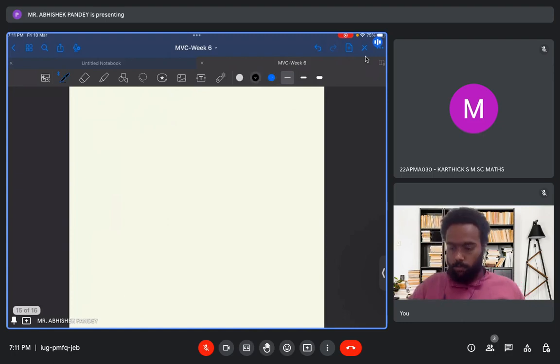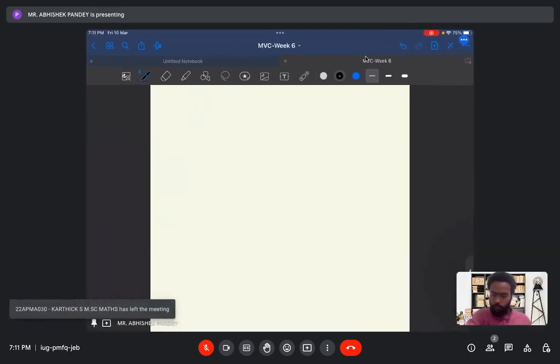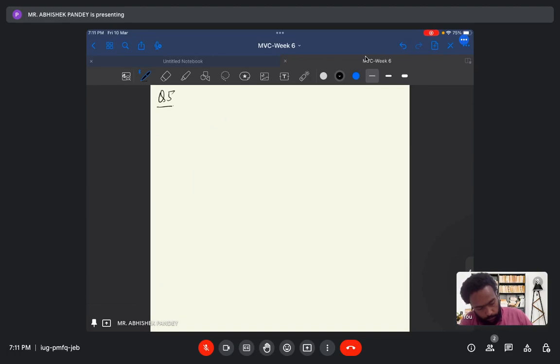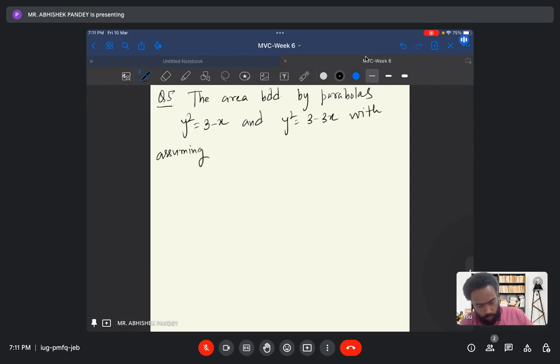Okay, now we'll solve the assignment problems. Question number 5 is: find the mass of the area bounded by the parabolas y square equals 3 minus x and y square equals 3 minus 3x, assuming a mass density rho of x comma y equals y square.